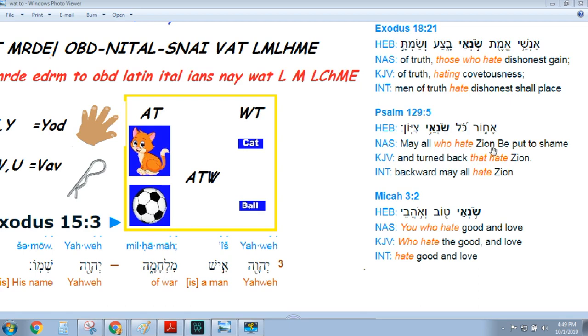May all who hate Zion be put to shame, or backward, may all hate Zion. But what this says is the Ruah, to awaken the power that calls not Zion to cross make win.